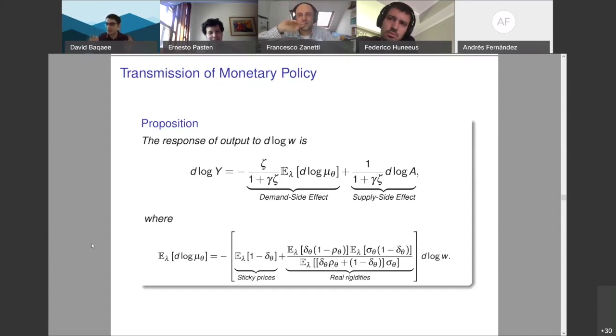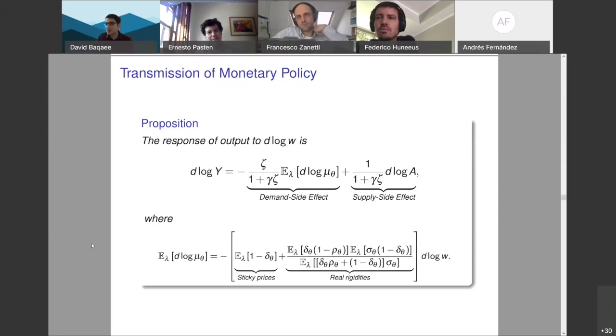TFPQ is not the important thing. The sufficient statistic is the markup, just in general, right? In general, if you want to improve productivity, you want whoever is charging the high markup to get bigger. Because the high markup is the sufficient statistic that tells you on the margin, is this firm getting enough resources or not?